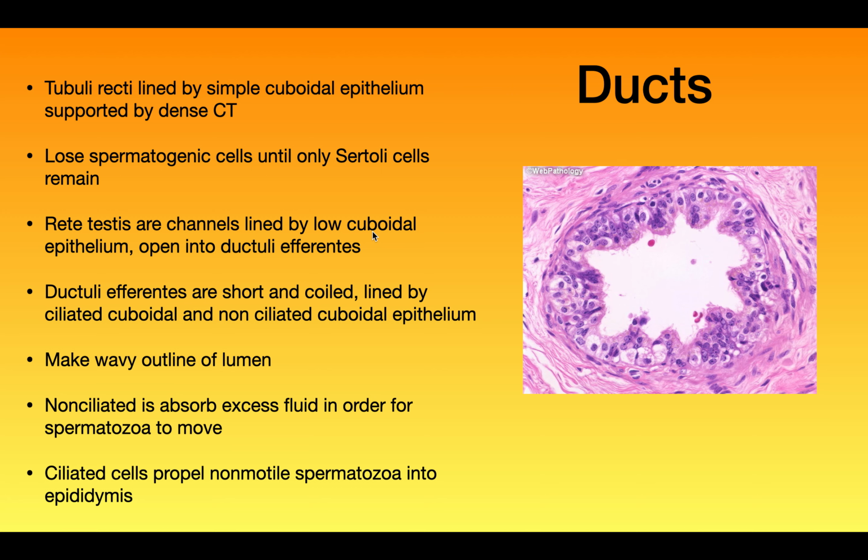Now they are low cuboidal, and those will open into the efferent ducts, and in those they're going to be ciliated, and there are some non-ciliated cuboidal cells as well, and that makes the wavy outline of the lumen. The non-ciliated cells absorb the excess fluid, and then the ciliated cells will propel the immature spermatozoa into the epididymis, where they can mature.